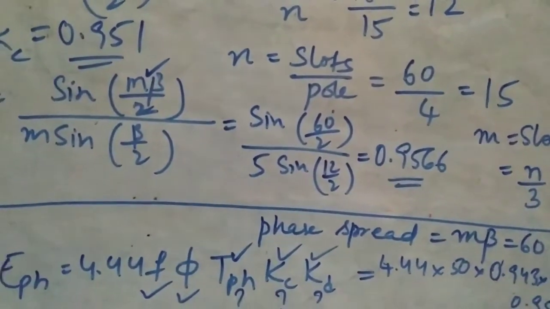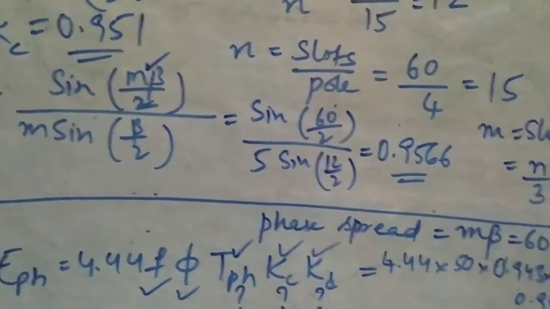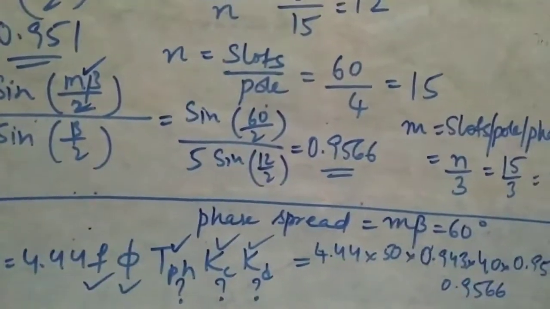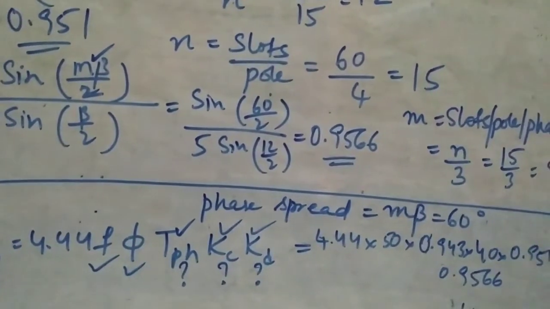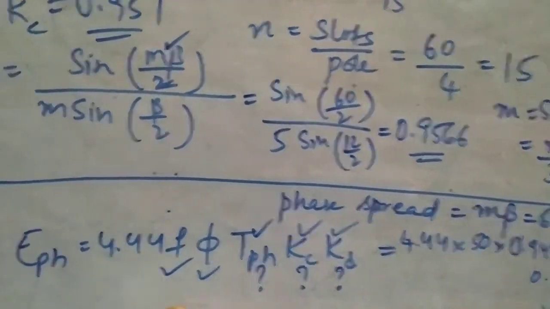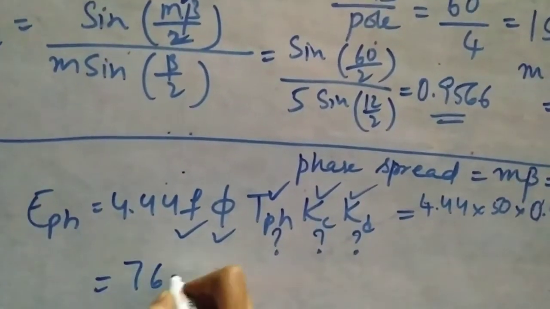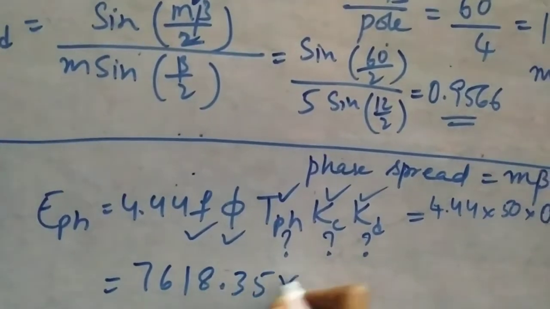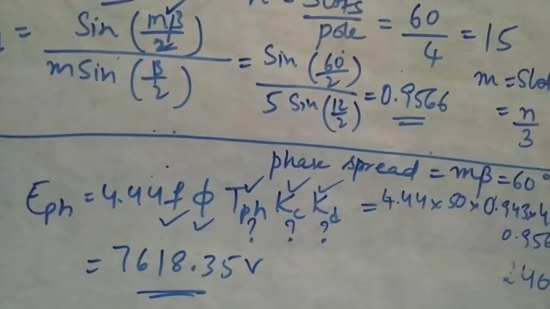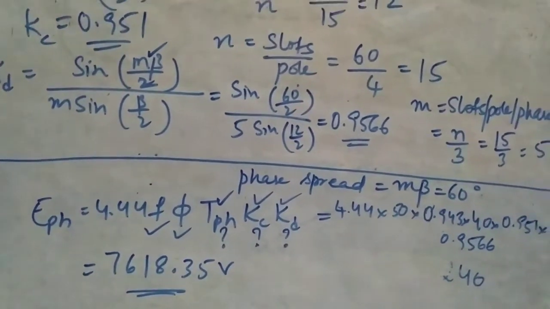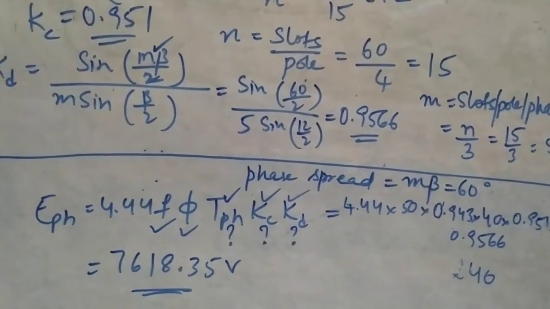The E phase value results in 7618.35 volts. So that is the E phase. Once you find out the E phase, you can easily find out the line voltage by looking at which type of connection it is, star connection.